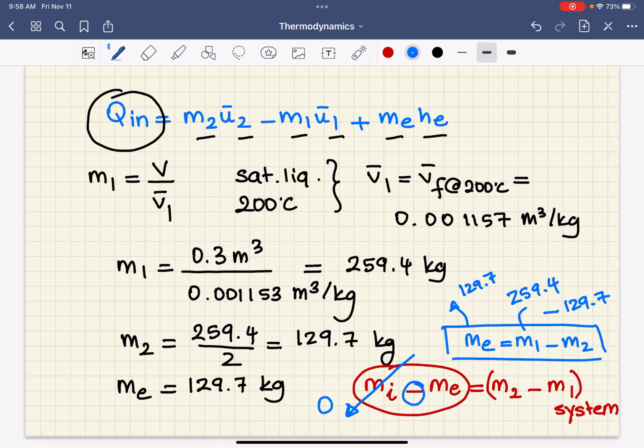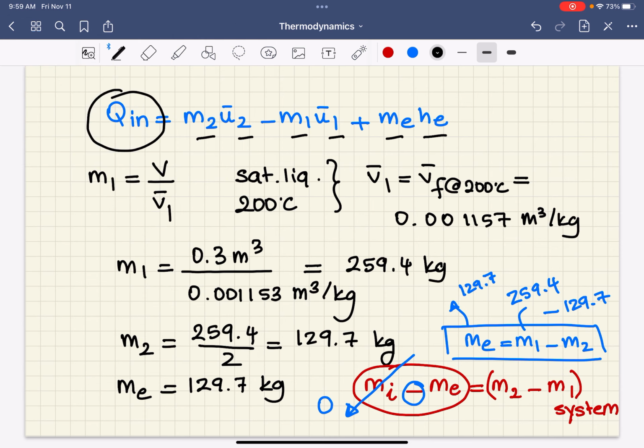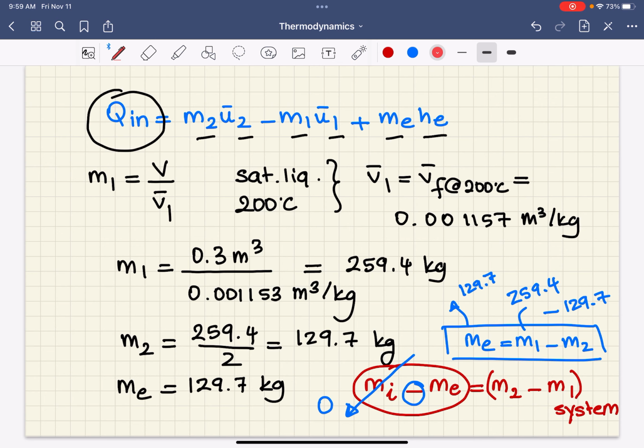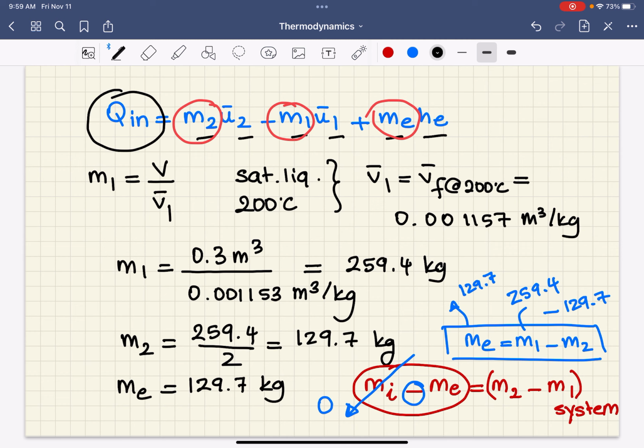So now we have the masses for all of those. We have identified this. Now let's see if we can figure out internal energies and exit enthalpy.